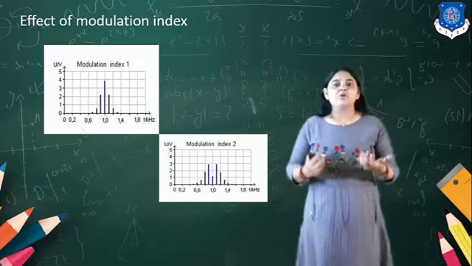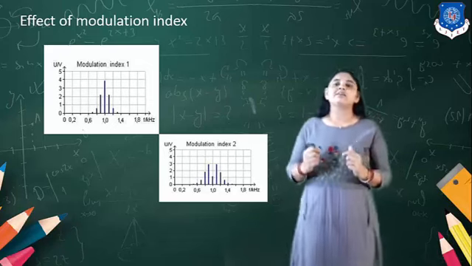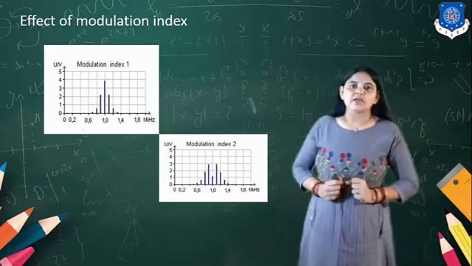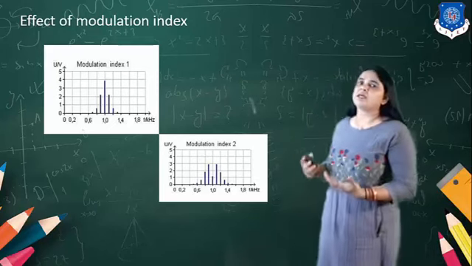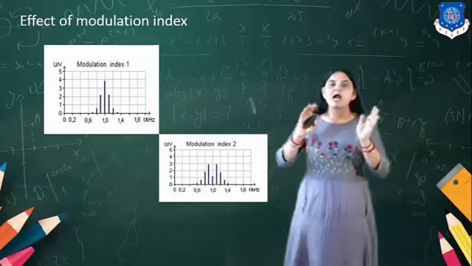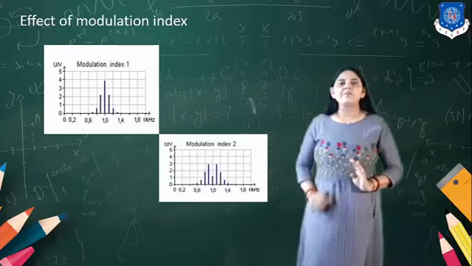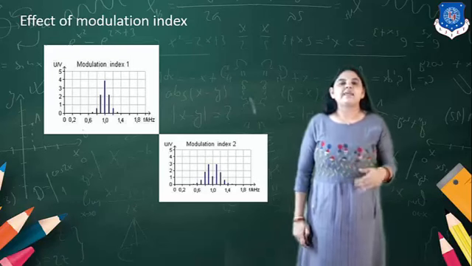As we know, while we are transmitting all these signals, that requires some space. So as the number of sidebands is larger, the requirement of bandwidth also increases.